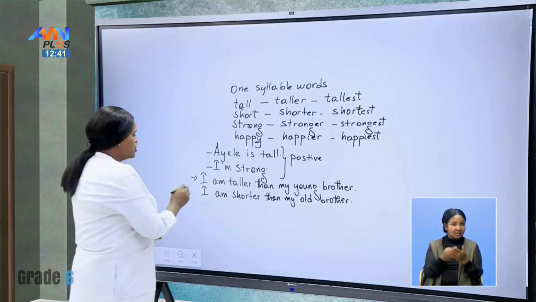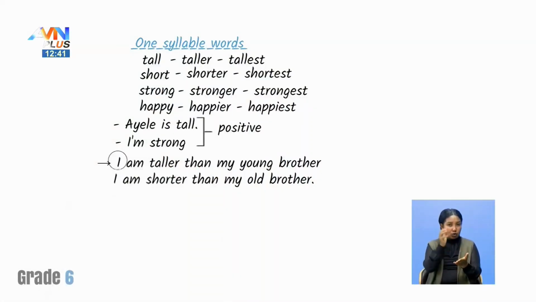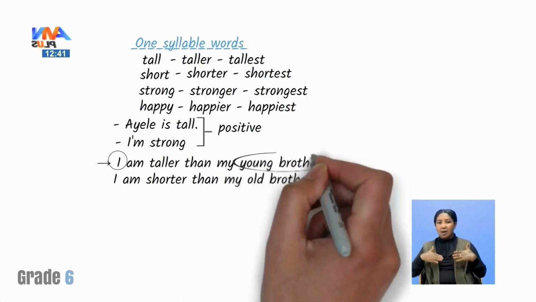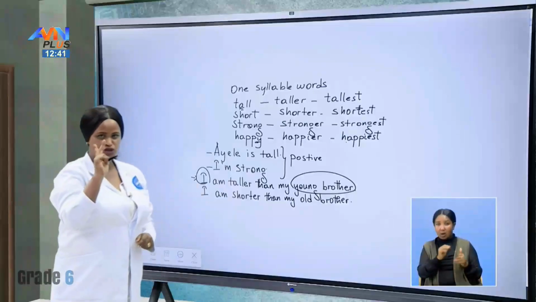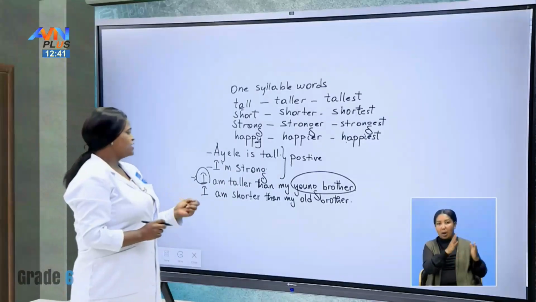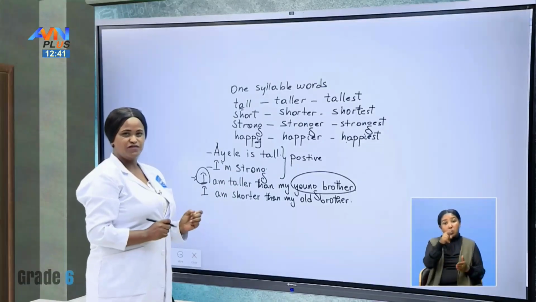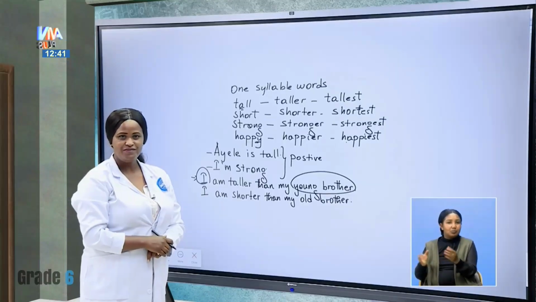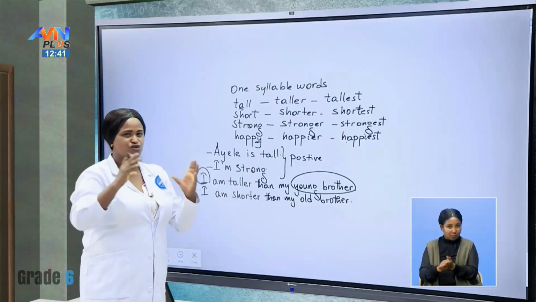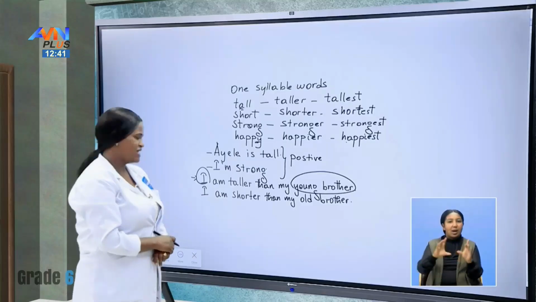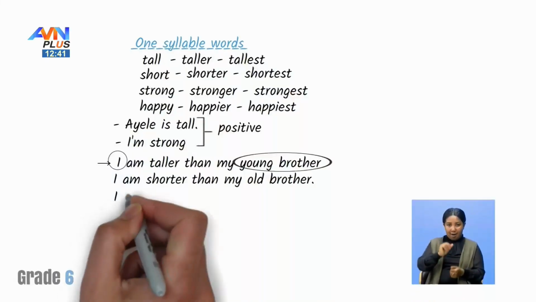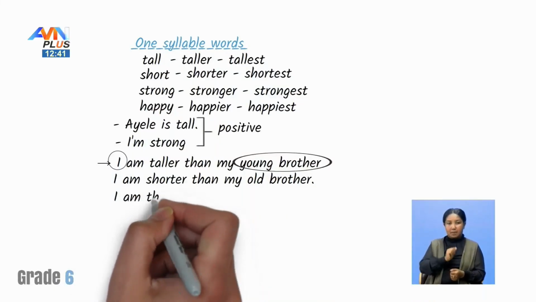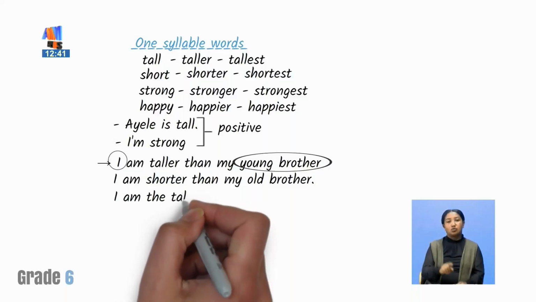This time, you are comparing yourself and your younger brother. Yes? How many? Two. Let's say that you are comparing yourself with the whole class in your school. Assume that you are the tallest one. How do you say? Yes, I am the tallest.